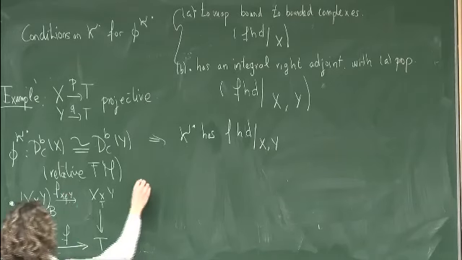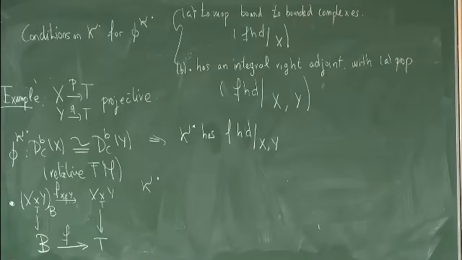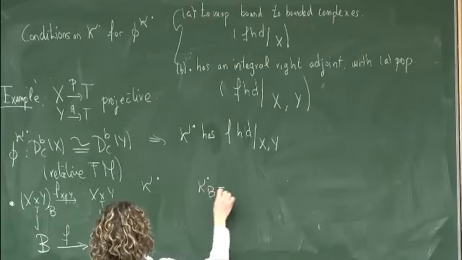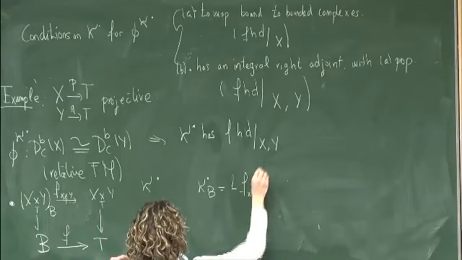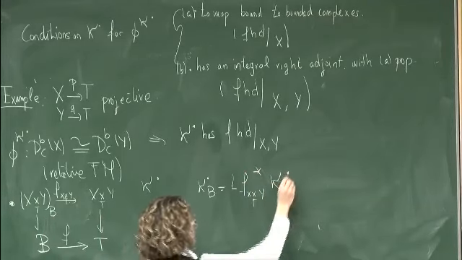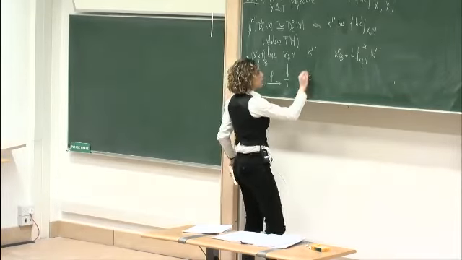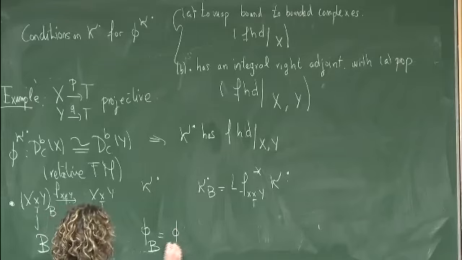Here you have your kernel K, then you can pull it back in the derived category, and you can construct a kernel here. It's just the pullback of your kernel K. So that gives you, for any base change, a functor that I denote like this. Phi_B is the functor corresponding to this kernel.